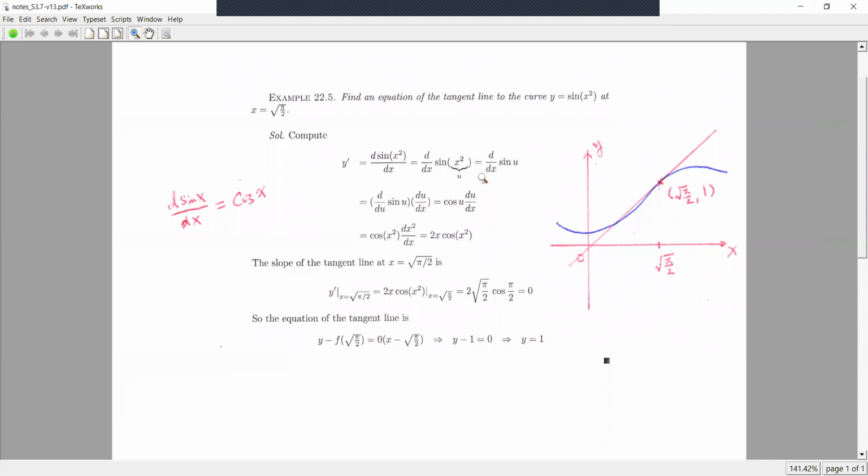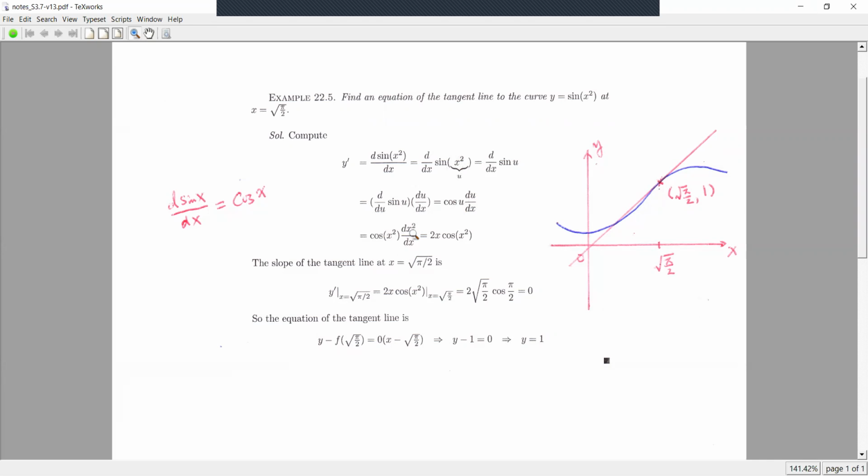Before we can compute it, we need to write it as a product of these two derivatives. The derivative of sine of u with respect to u by this formula is cosine of u. Now, remove u by plugging in x squared. Then we have this equation.